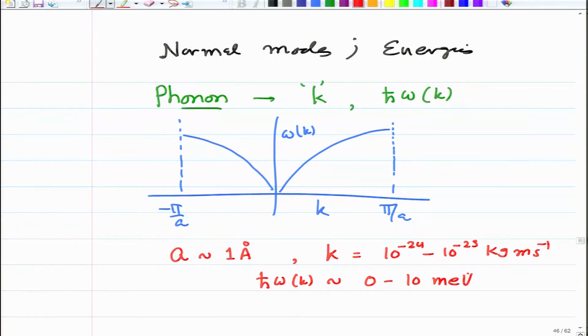So, if I want to study in a crystal what is the frequency and what is K, I should be able to excite a mode with K and see the energy loss or energy gain during the process.